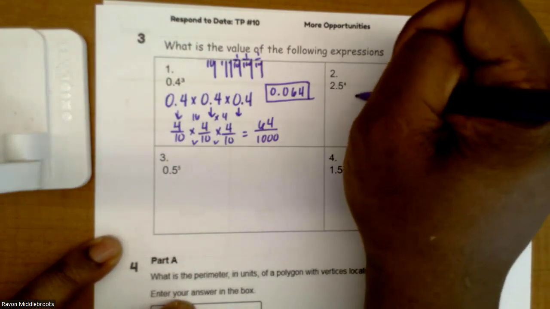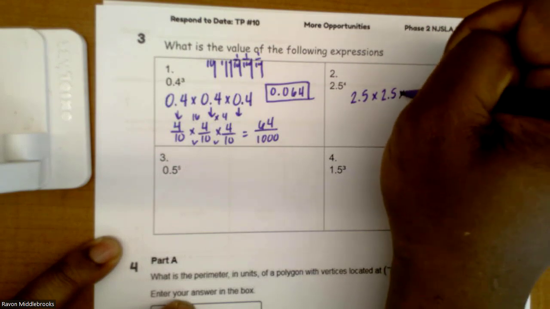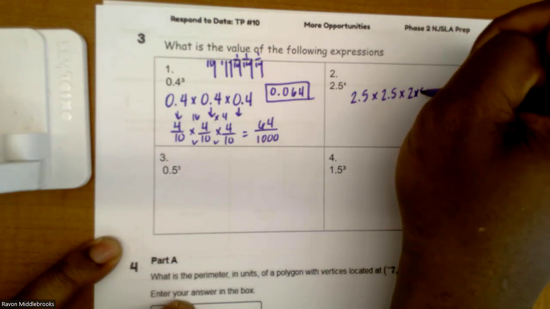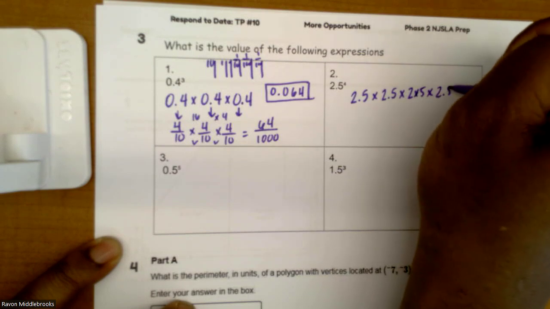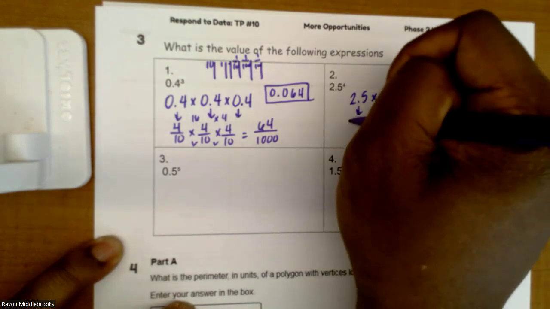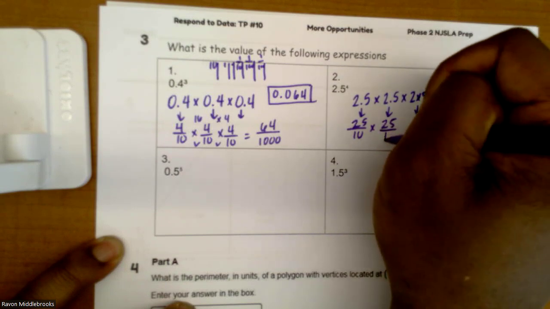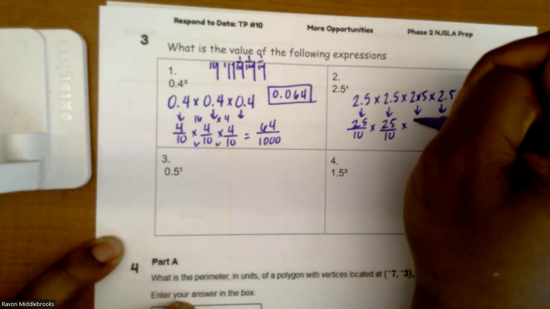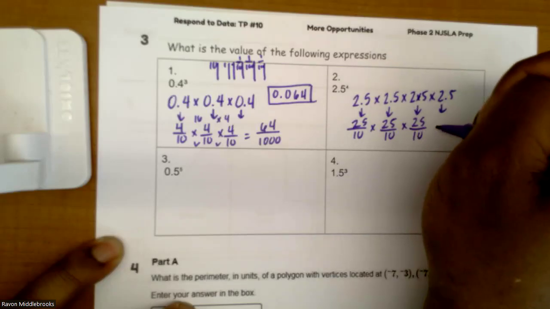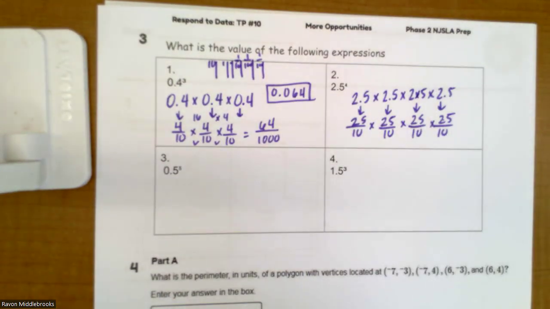Let's look at another one. 2.5 to the 4th. That's 2.5 times 2.5 times 2.5 times 2.5, which is 25 tenths times 25 tenths times 25 tenths times 25 tenths. 25 times 25 times 25 times 25. Woo.